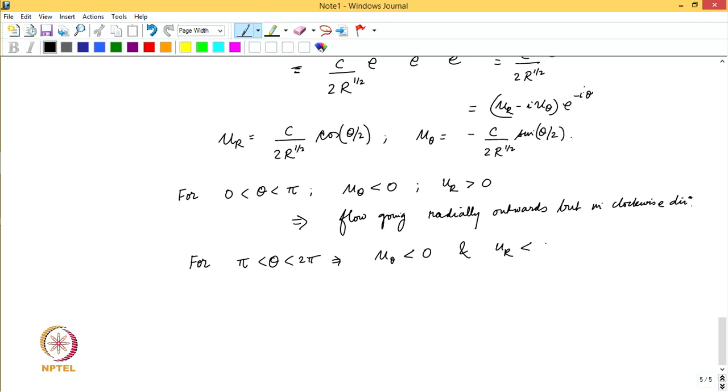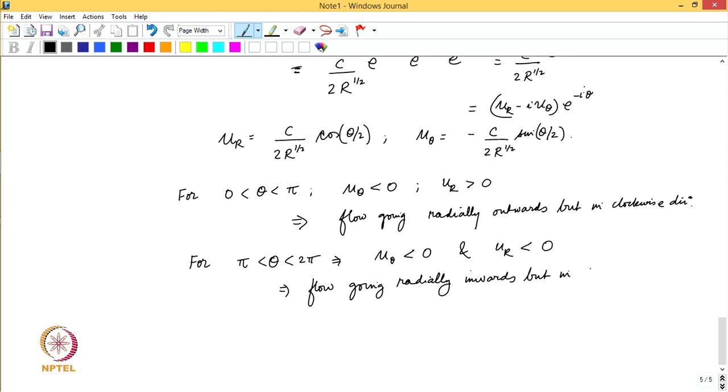So, we will have u r less than 0, which means that the flow will be going radially inwards. When I mean inwards or outwards, I am again saying with reference to the origin, that it is either going towards the origin or away from the origin.